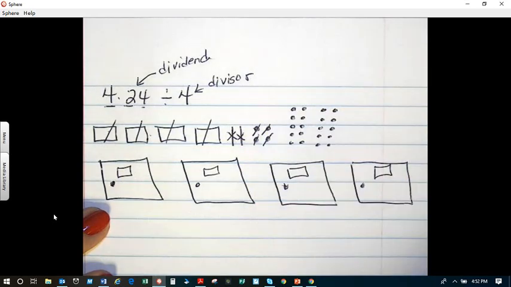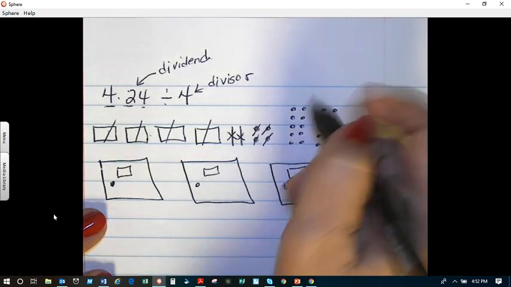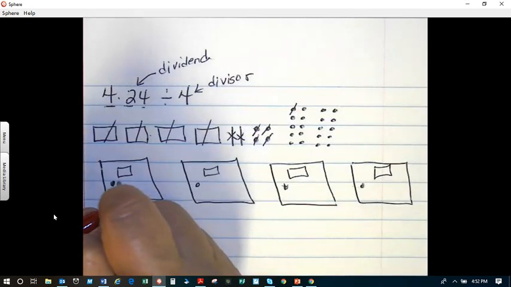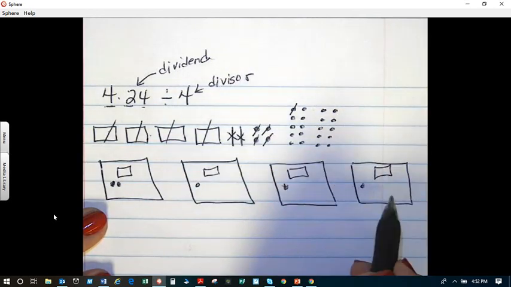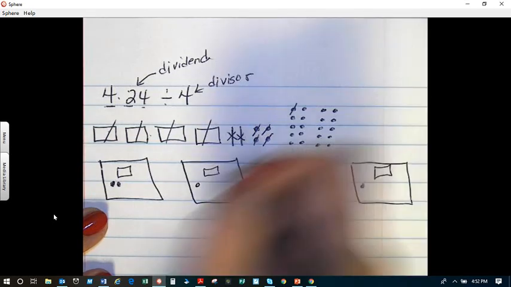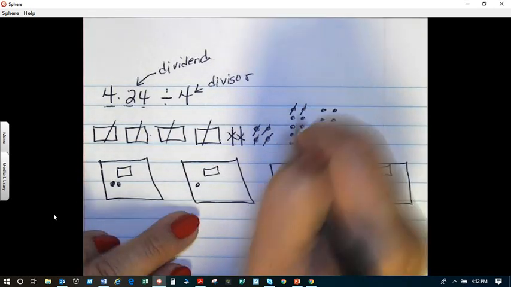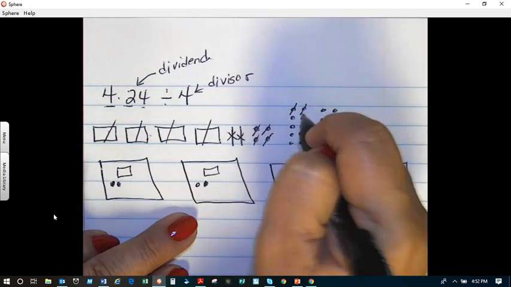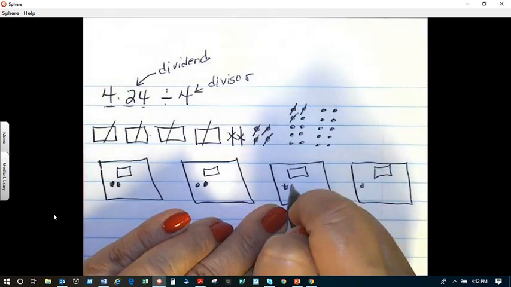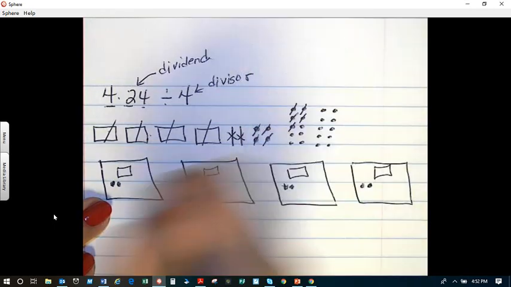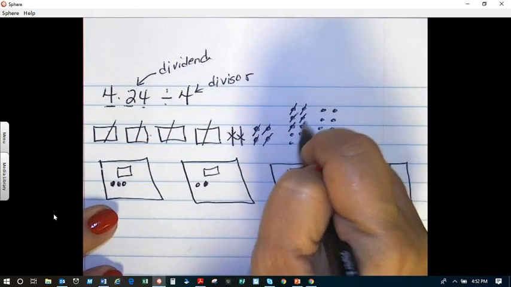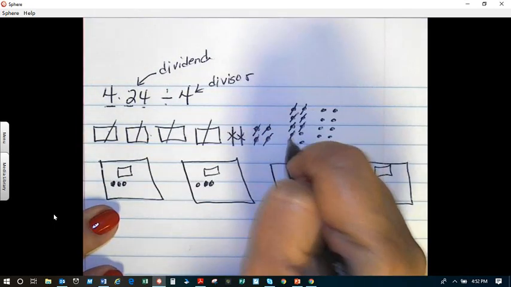In case you didn't see the answer, because we have 24 divided by 4, that would be 6. But again, I want to do 1 at a time in case you were still having problems seeing how we are dividing up this number in each group.